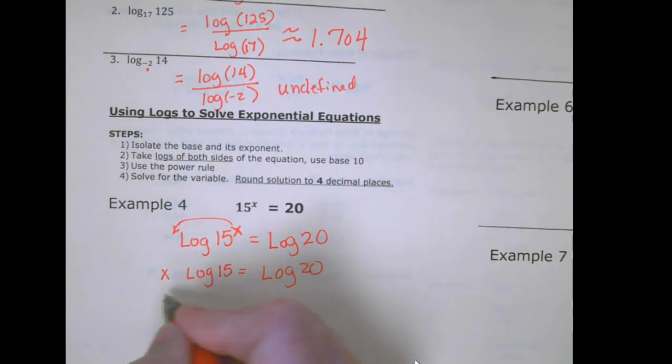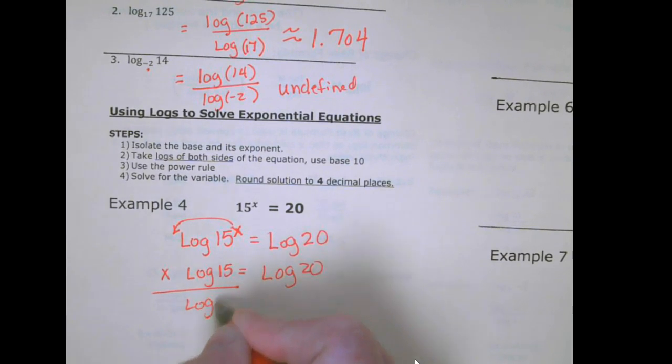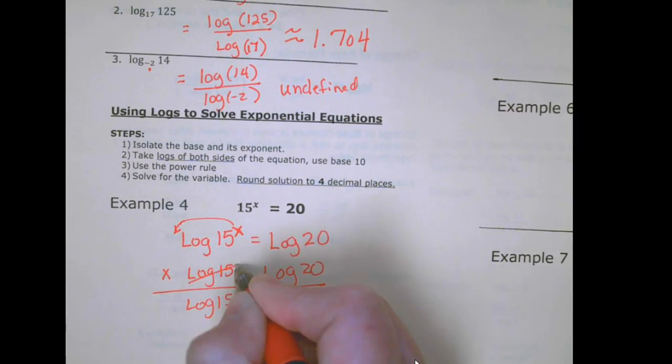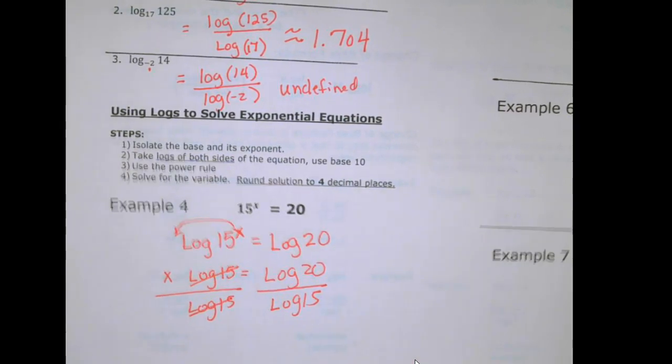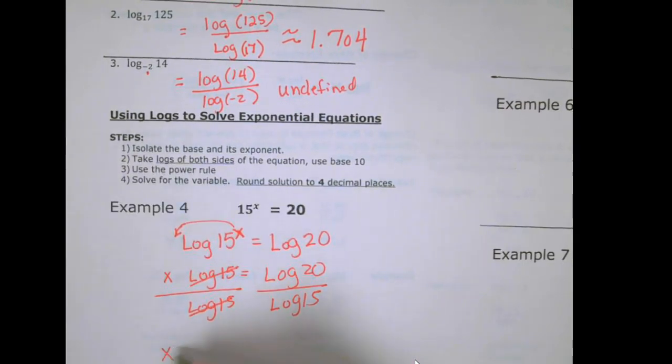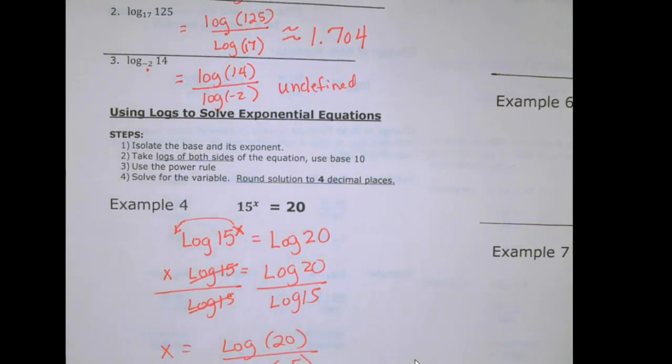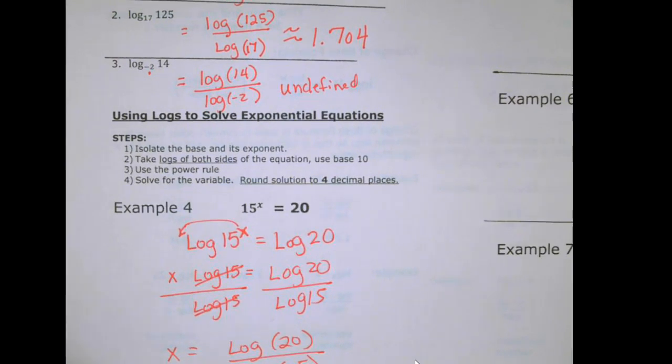To solve for the x, I will divide by the log of 15 on both sides to cancel that out. That log of 15 stays together. And so this would be the log of 20 divided by the log of 15. Log of 20, close parentheses, log of 15, close parentheses.